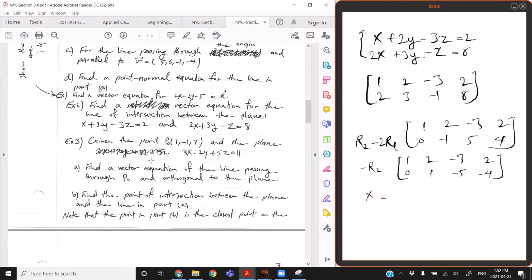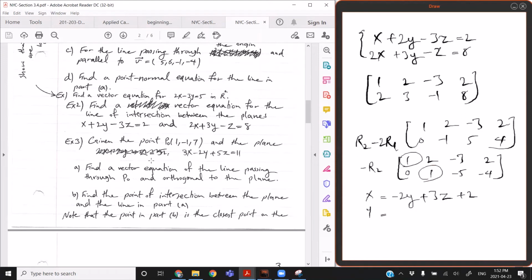So x is equal to minus 2y plus 3z plus 2, and y, that is also a leading variable. So x is leading and y is leading.